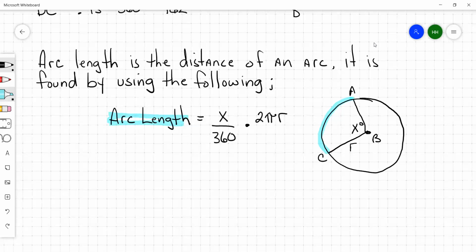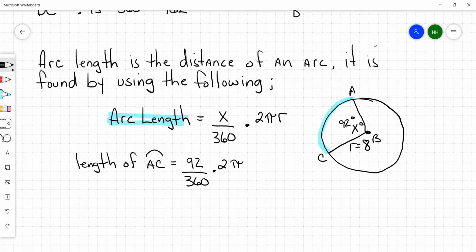Okay? So if we put some numbers in here, and we say that x degrees, let's say that this is 92 degrees, and this radius is equal to 8, then the length of arc AC is going to be equal to 92 divided by 360 times 2 times pi times 8.